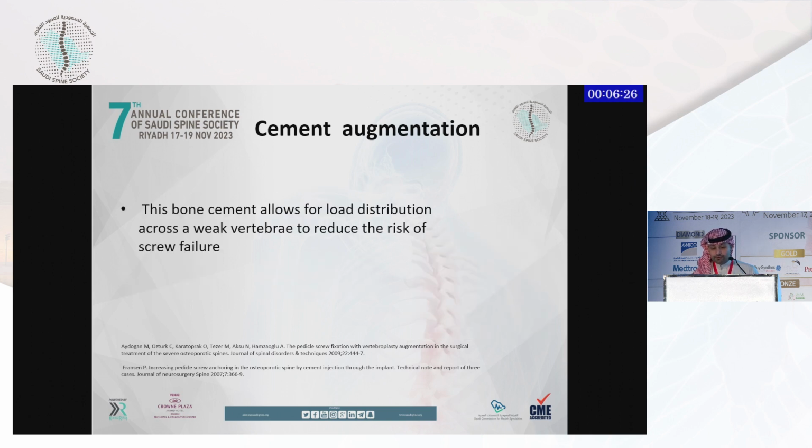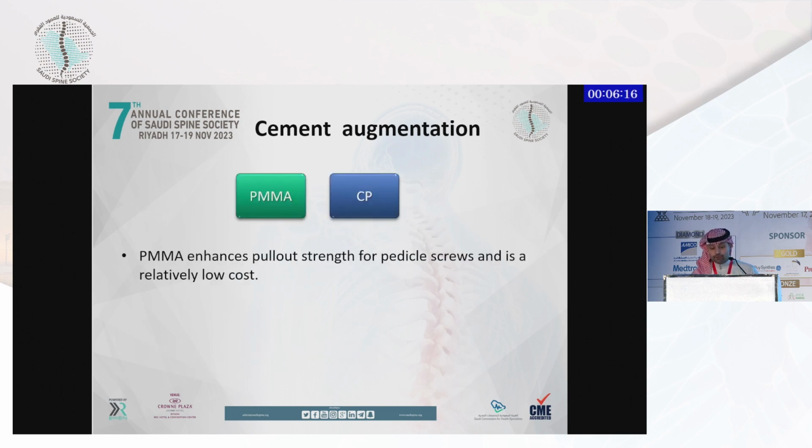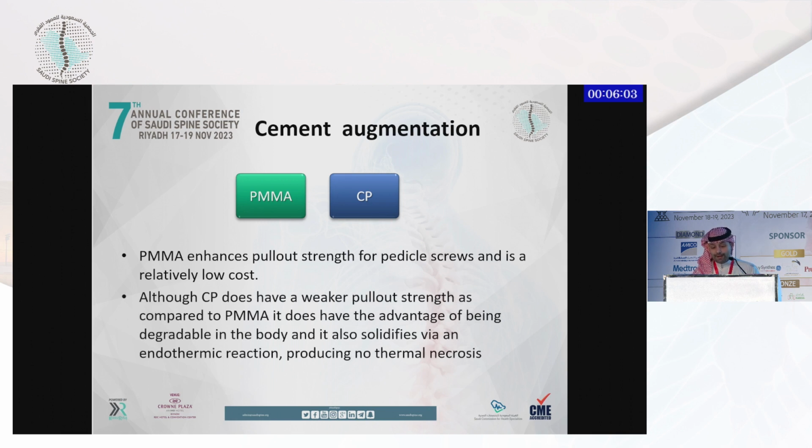What does the cement do? It allows load distribution across the weak vertebrae to reduce the risk of screw failure, and the average injection is about 1 to 3 ml per screw. There are two types, either polymethyl methacrylate or calcium phosphate. PMMA is low cost and the most commonly used, although calcium phosphate has a weaker pull-out strength.